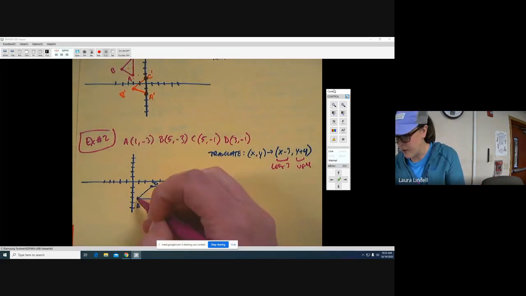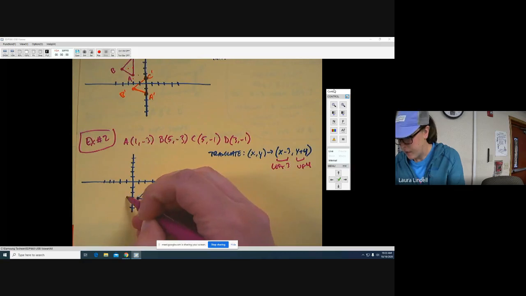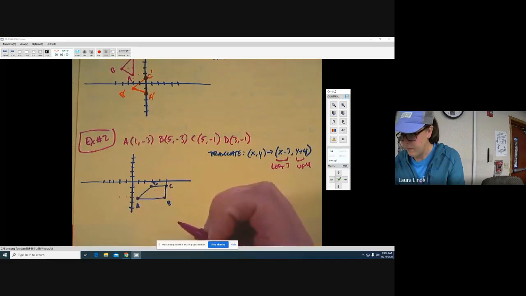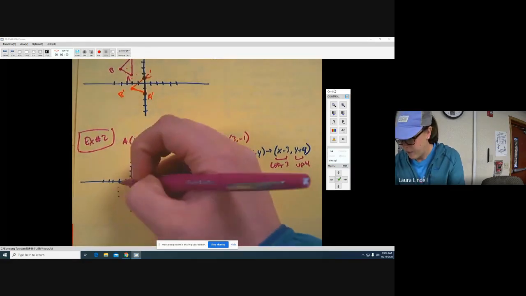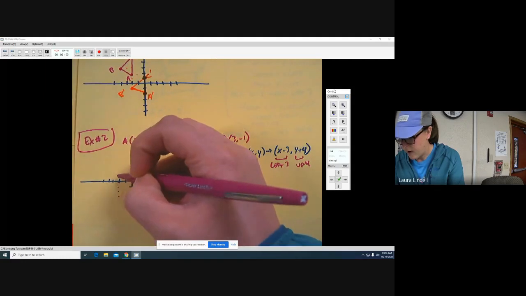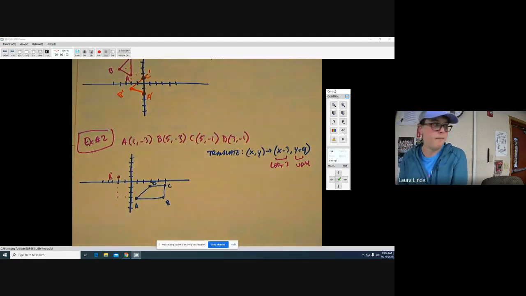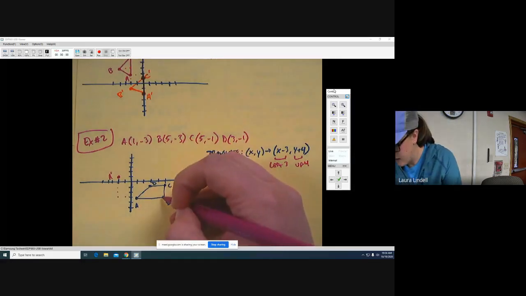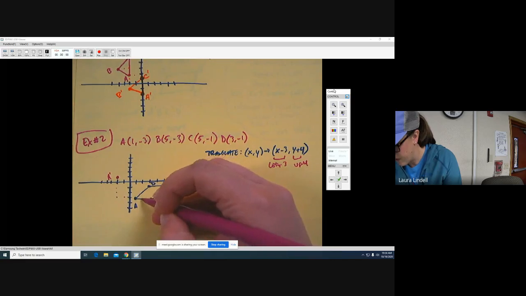So starting at A, I'm going to go left 3, 1, 2, 3. And up 4, 1, 2, 3, 4. And that's our new A. We'll call it A prime. And then from B, we're going left 3. So left 1, 2, 3.